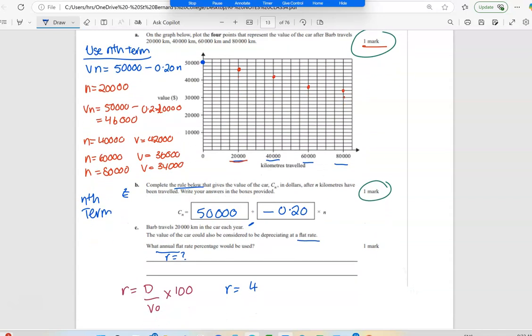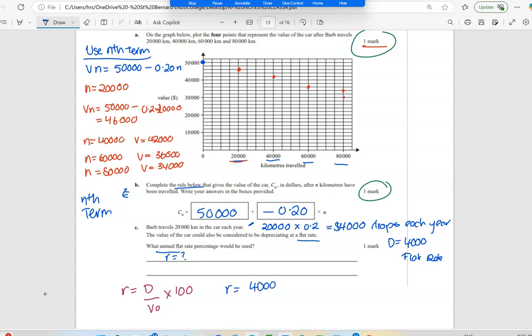So she's traveling 20,000 kilometers a year. So 20,000 times 0.2 equals 4,000. So it drops 4,000 each year. So that would be D equals 4,000 in flat rate, yeah? So now we can put that in here.